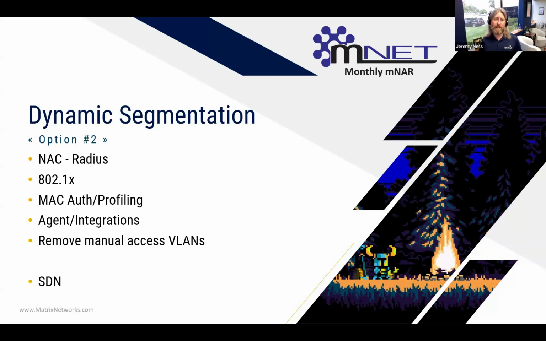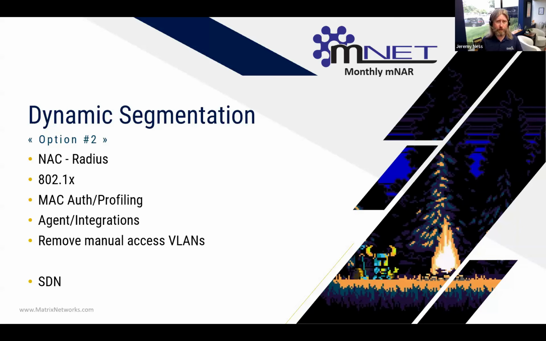So when rolling out dynamic segmentation, we will preferably use 802.1x where we can, but if we can't, we use MAC authentication, or really that layer 2 media access control address. With MAC auth, we also like to see profiling too, because you can actually spoof that, say, hey, this is my MAC address. Most enterprise NACs that I mentioned, leaving out the Microsoft NPS server, have some notion of profiling too.